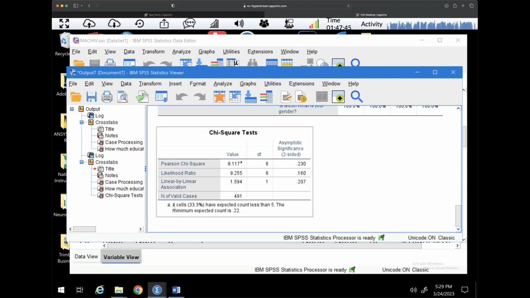So notice that it says 4 cells have expected count less than 5. The minimum expected count is 0.22. So this is a problem. We don't have enough cells that have an expected count that's big enough. So this is, again, not a valid test. You would not report this information.